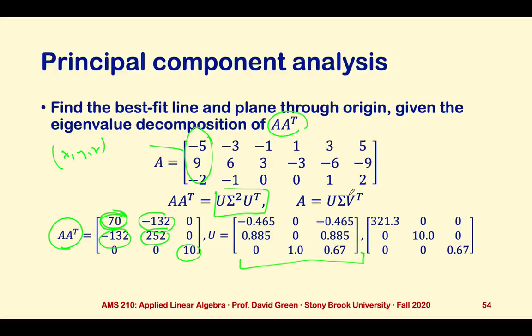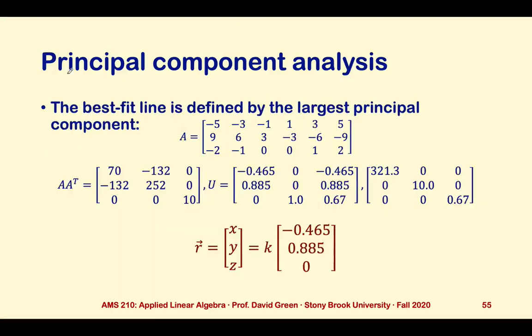How do we use these ideas to get best fit planes and best fit lines? Well, the best fit line is simply the line described by the largest principal component or principal vector. What do we mean by that? We look at our eigenvalues, the squares of the singular values, and our largest one is 321.